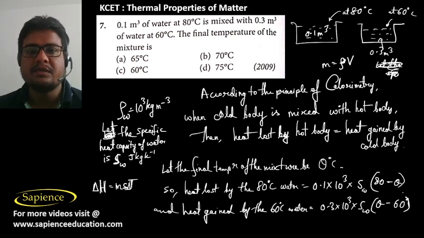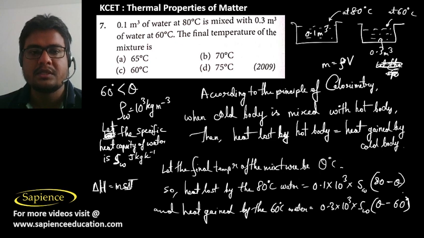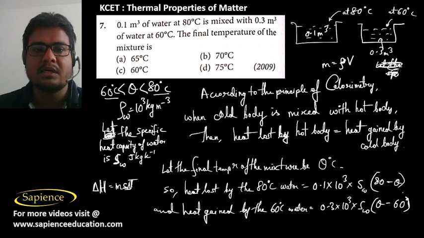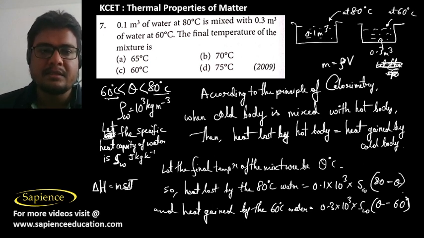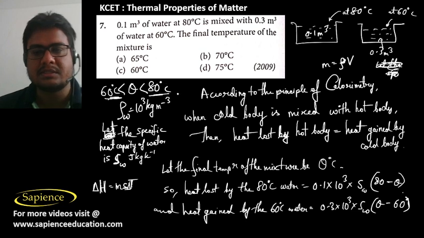Theta should be greater than 60 degree Celsius and less than 80 degree Celsius, since when 60 and 80 degree Celsius water are mixed, the final temperature of the mixture at thermal equilibrium will obviously be between 60 and 80.